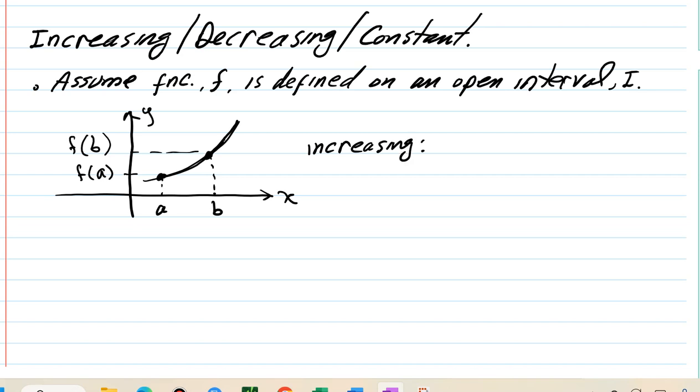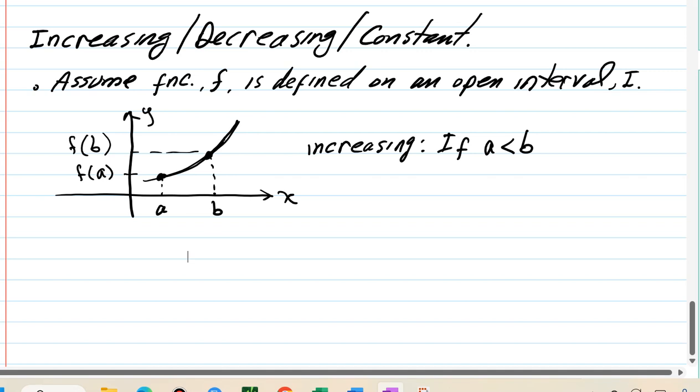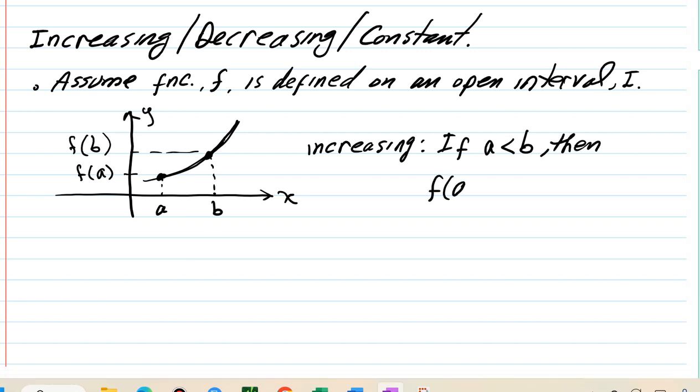For a function to be increasing, that means if a is less than b, because remember b is to the right of a as you go from left to right, then f at a will be less than f at b. That would be the sign of what we're going to call an increasing function.